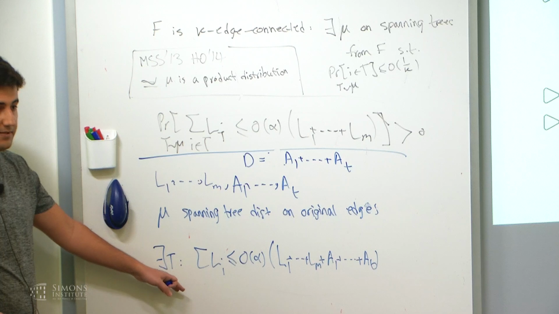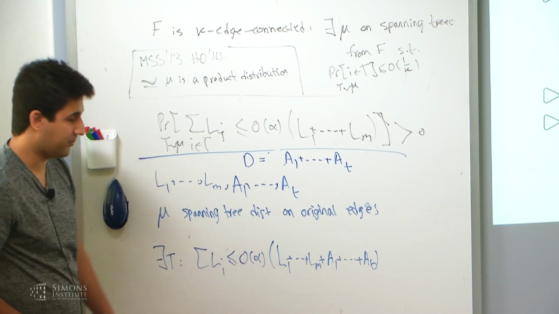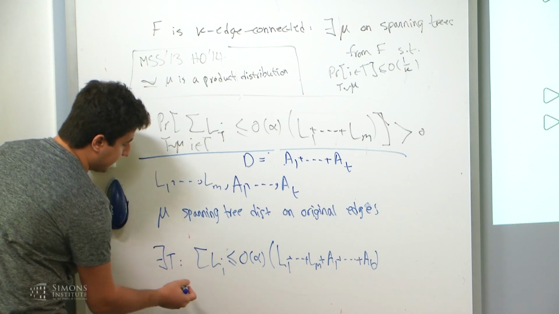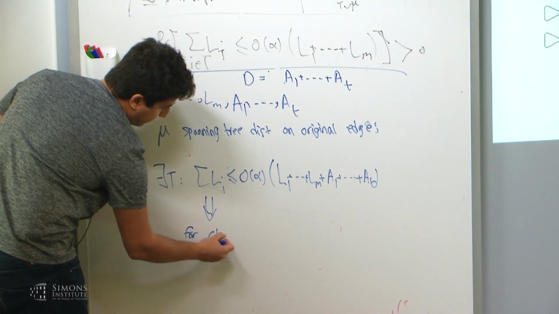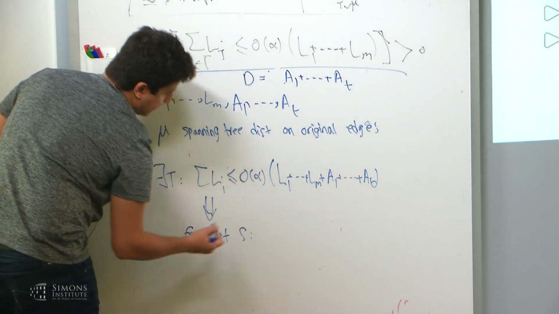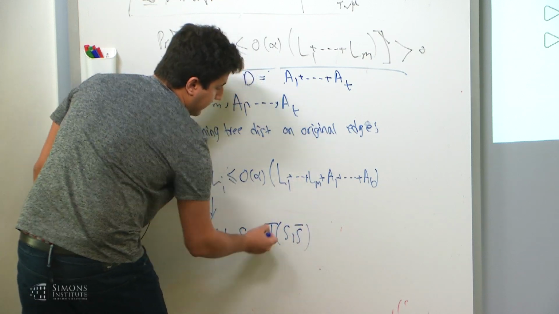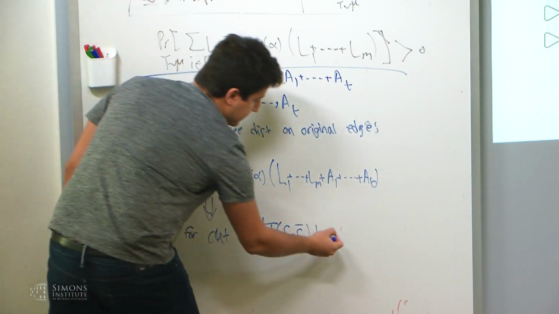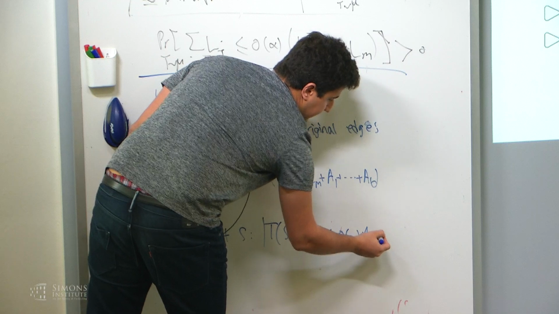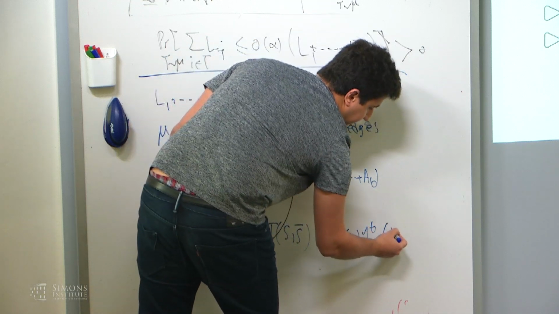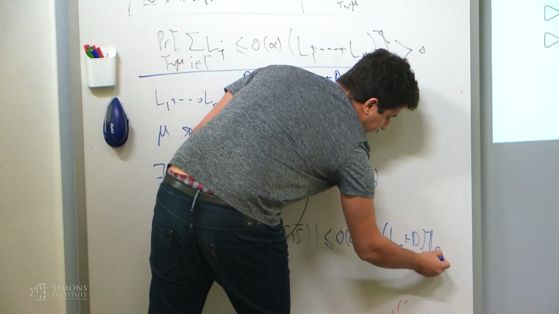Because now you get a spectrally thin tree with respect to your graph plus D. But then this means that for every indicator S, for every cut S, the number of edges you have in the cut is at most O of alpha times the quadratic form of L of G plus D evaluated at the cut.